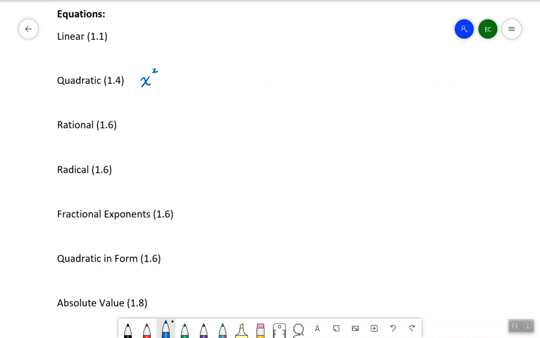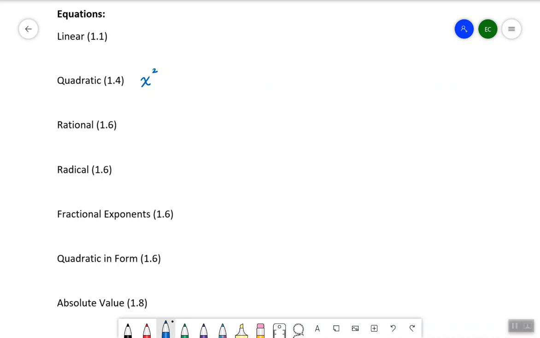For the linear equation, probably the main takeaway was to remember the distributive property and also to remember how to clear the fractions in an equation. We also learned in section 1.1 that an equation could have no solution or it could have an infinite number of solutions.